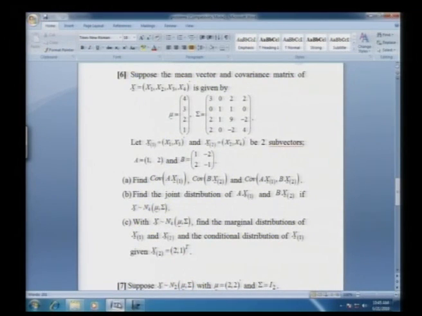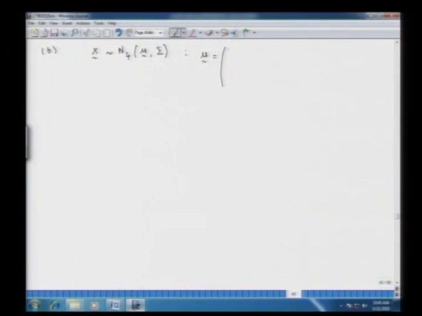For this part B, the given conditions are that X is a 4-variate normal with a mean vector mu and a covariance matrix sigma, where the mean vector mu was as given earlier, that is, 4 3 2 1.